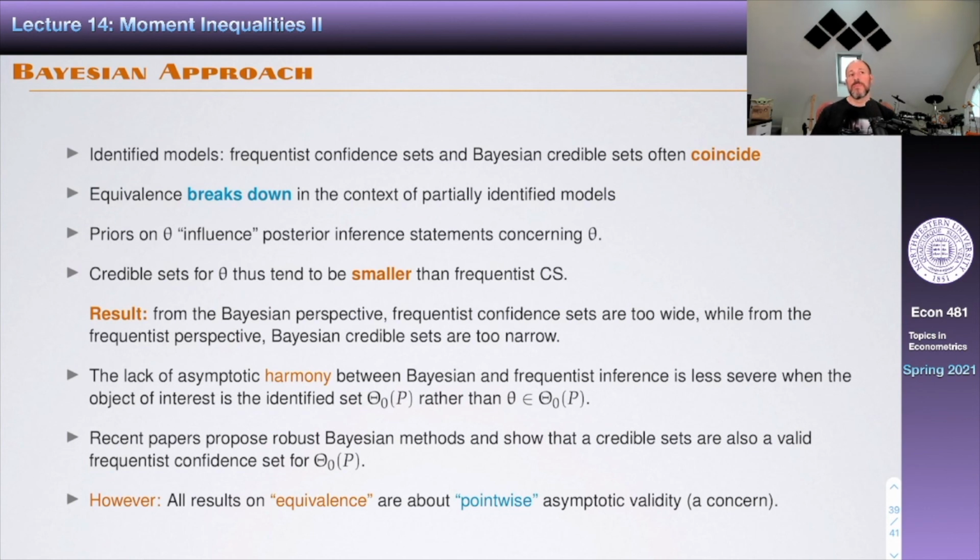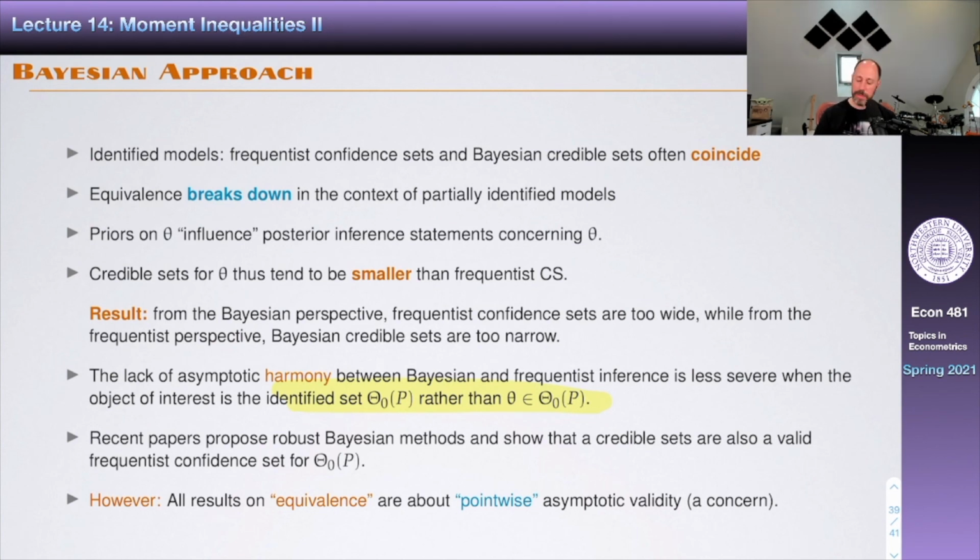So, I wrote here, the lack of asymptotic harmony between Bayesian and frequentist inference is less severe when the object of interest is the identified set, as opposed to points in the identified set. So most of the later research in this literature has been dealing with the set as opposed to the point. And there are some papers, I wrote here recent, but years go by, I should remove the word recent.